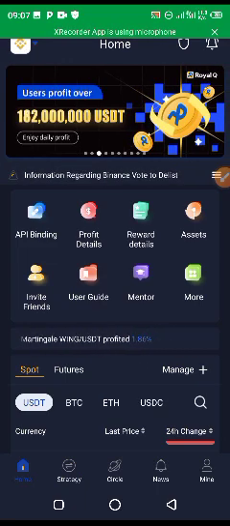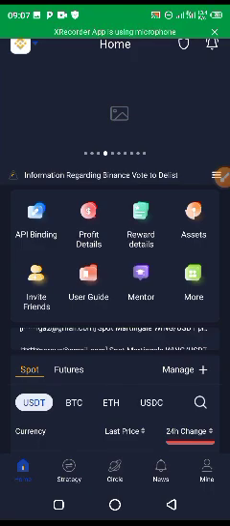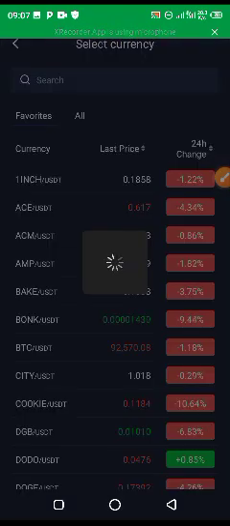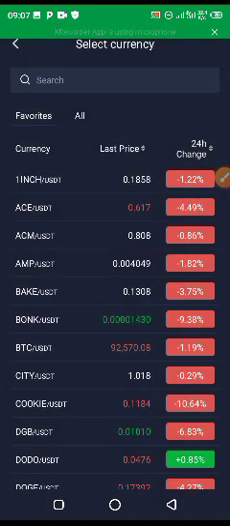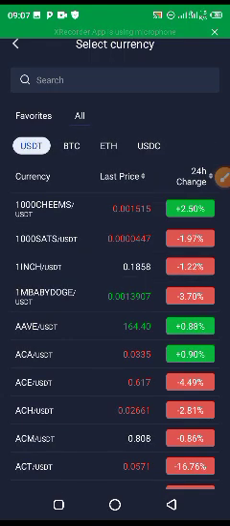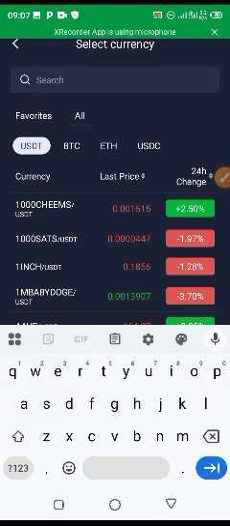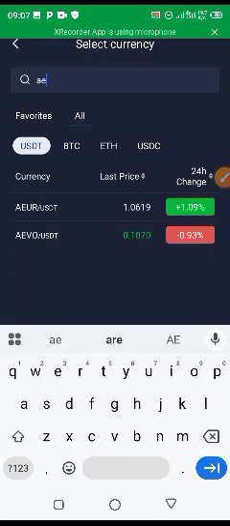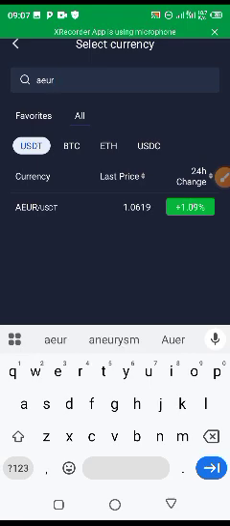Let's search the coin. Make sure it is on all, not favorites. Tap on all coins and we search AEUR. It is already here. We tap on the coin.